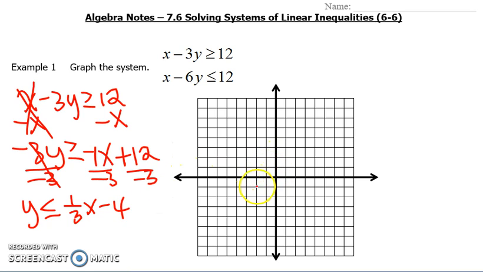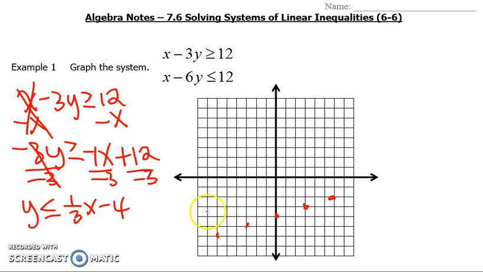So we're going to start at negative 4 on the y. 1, 2, 3, 4. And then we're going to do rise over run, 1 over 3. And then we can just go the other way, 3 over 1.